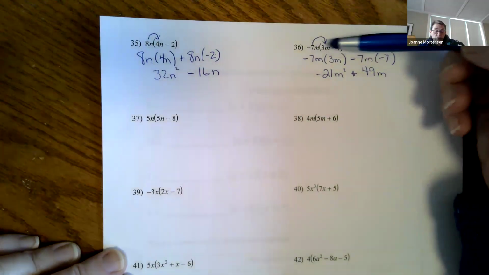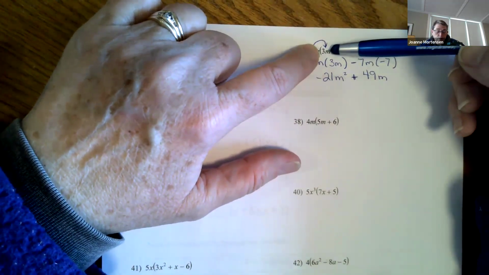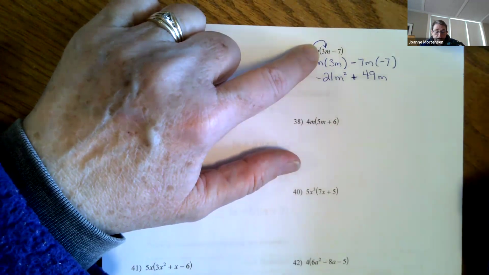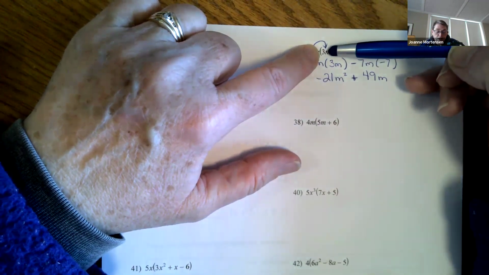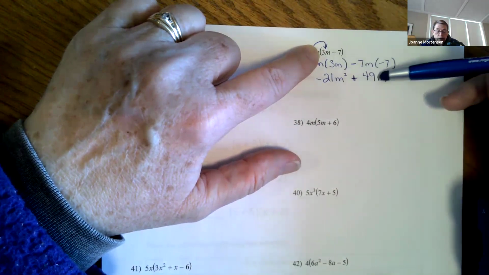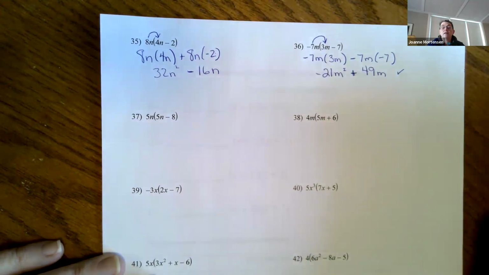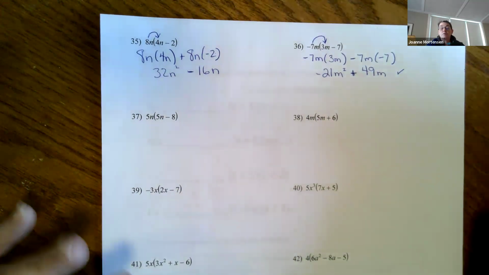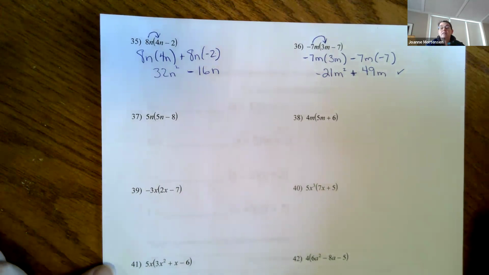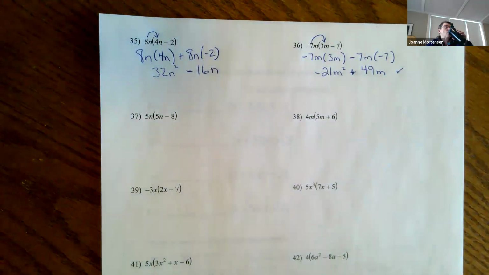If I'm multiplying through by a negative, my signs are going to change. So if we look at the bracket, 2 parts, answer 2 parts, check. But this was a positive, now it's a negative. This was a negative, now it's a positive. So I know I'm okay. Because for me personally, and most students, it's sign errors that mess us up more than anything else. So just be careful.